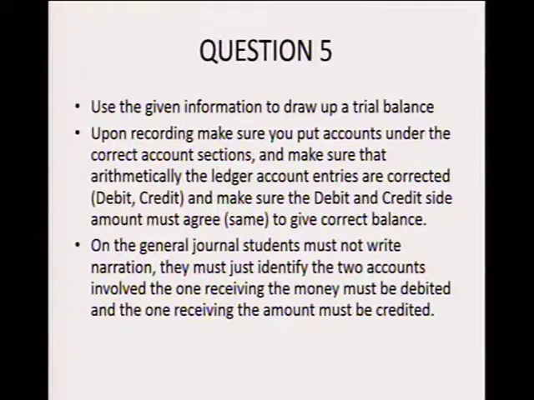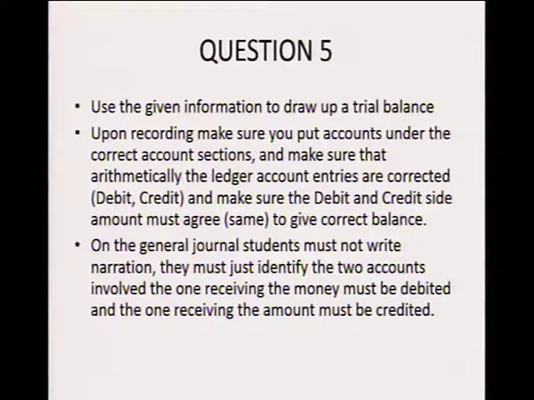Question 5, you use the given information to come up with a trial balance. Upon recording, make sure we have two account sections, the balance sheet account section and the nominal account section.